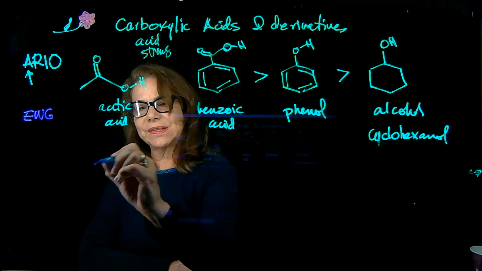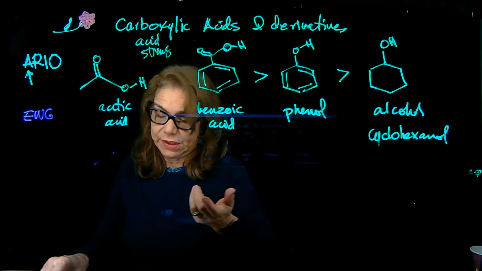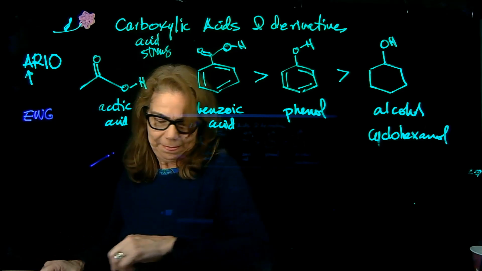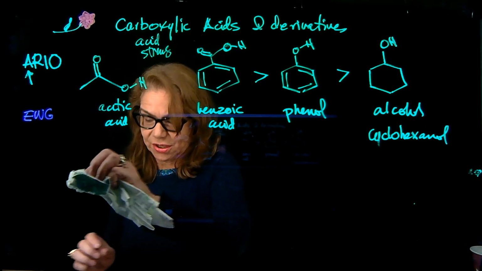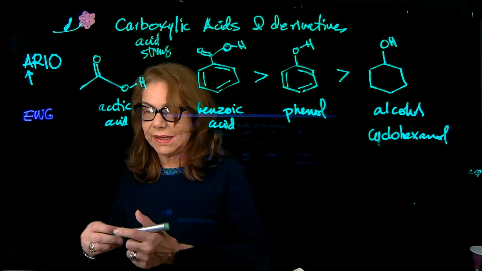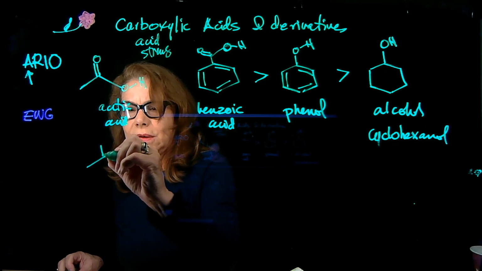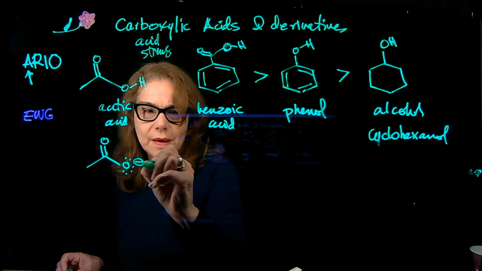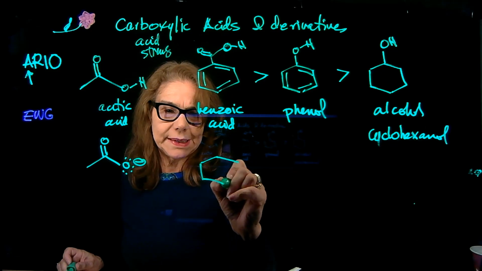In other words, because it's withdrawing electron density, it helps disperse the negative charge of that conjugate base, making it more stable. So here you will have this carboxylate, and here is the benzoate.